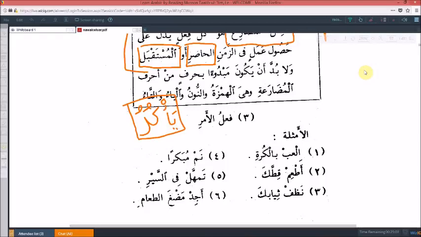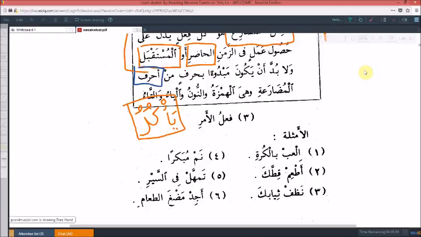And he says, ولا بد, meaning, and no doubt, أن يكون مبدوءا, that it will be beginning with. Mabdu from bada'a yabda'u, bidaya, beginning. Bi-harf min ahraf. The second point I want to point out is that I said huruf, here he said ahraf.